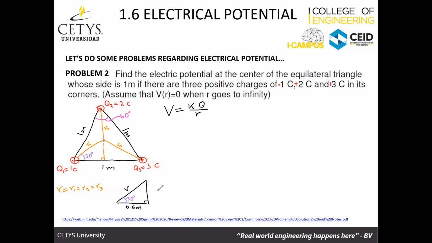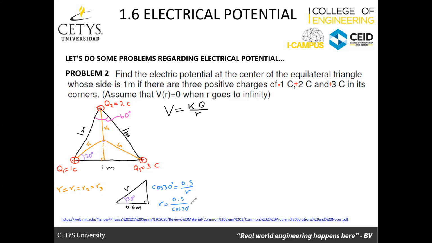So here, we would have that the cosine of 30 degrees should be 0.5 divided by R, that would mean that R is equal to 0.5 divided by the cosine of 30 degrees.